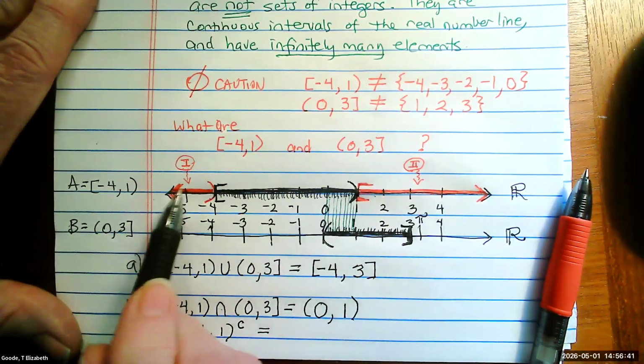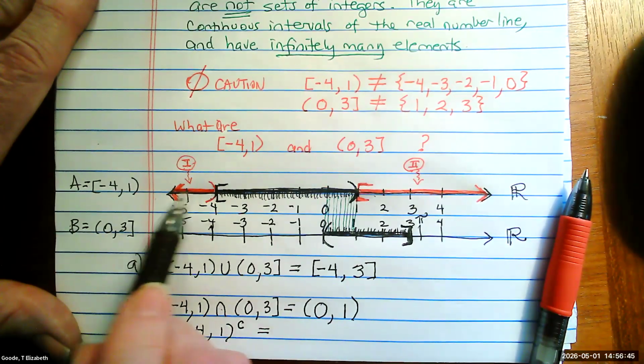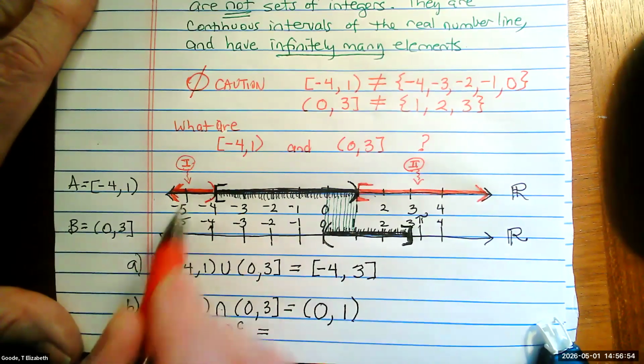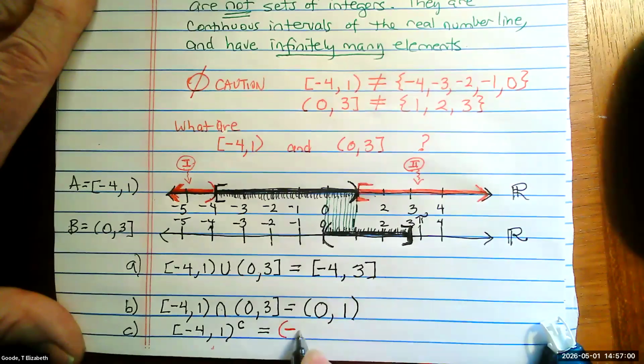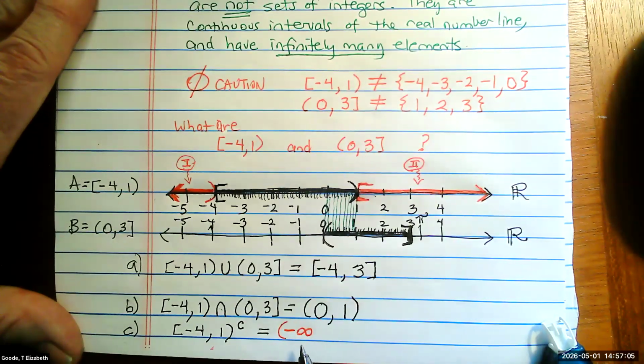Do you know how to write using interval notation all the elements that are strictly less than -4? Do you remember how to do that? No. All right, so do you understand that it keeps going to the left forever? Yeah, it'll be negative infinity in that direction, and it's always a soft parentheses because negative infinity is not a number, it's an idea.